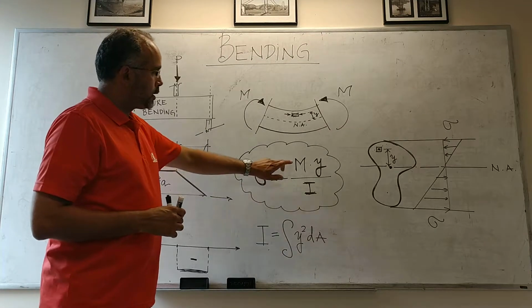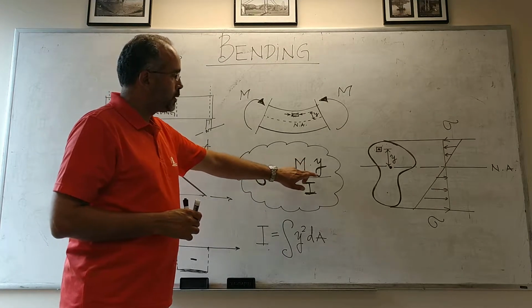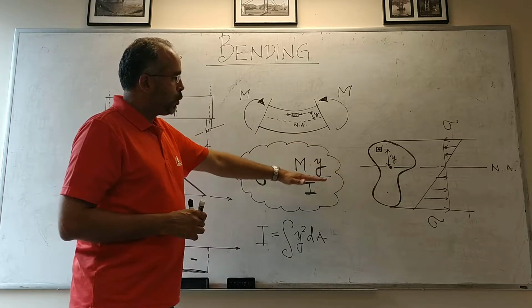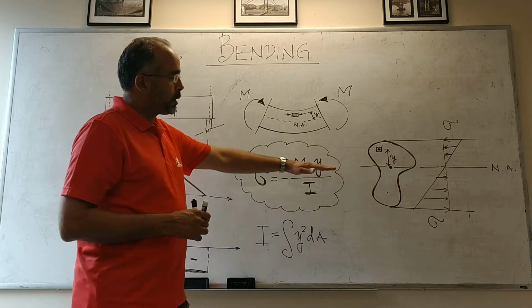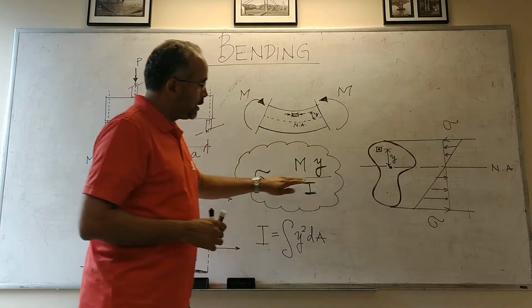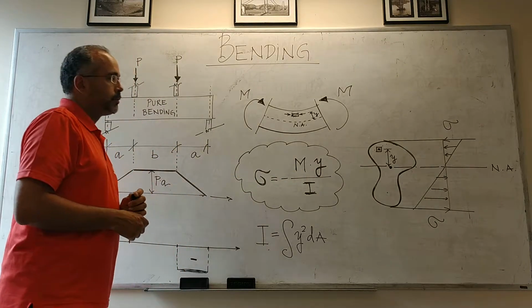So the formula is the bending moment times the distance away from the neutral axis, perpendicular to the neutral axis, divided by the moment of inertia.